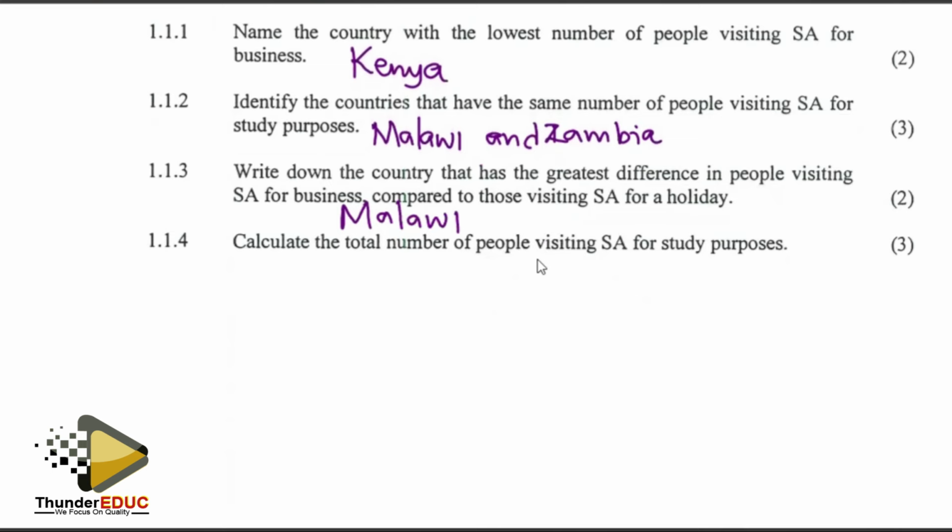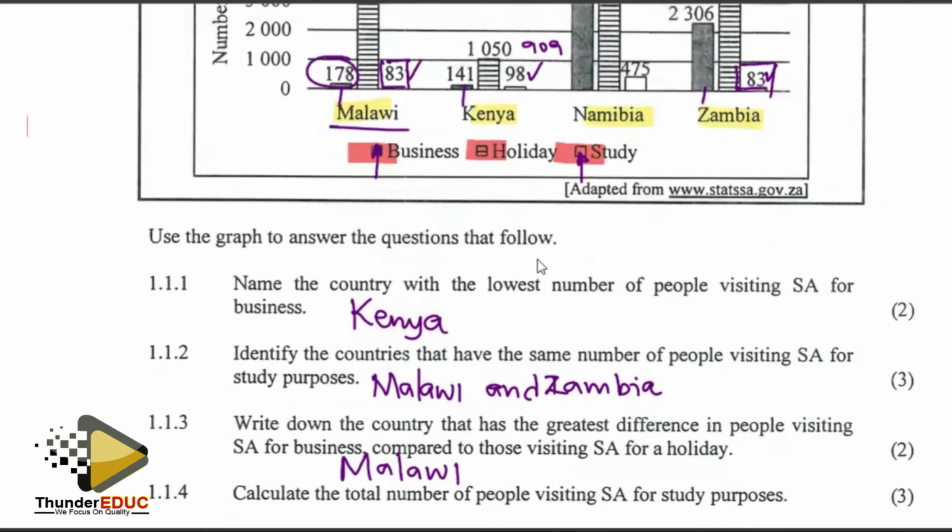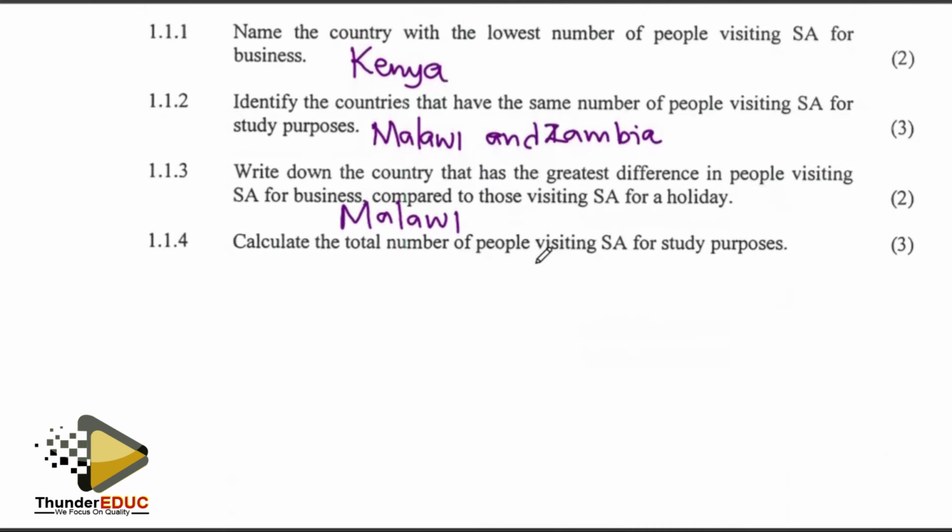All right, get the total number of people visiting South Africa for study purposes. From these 4 countries, we're going to add these numbers. Study purposes, the ones on the right-hand side.